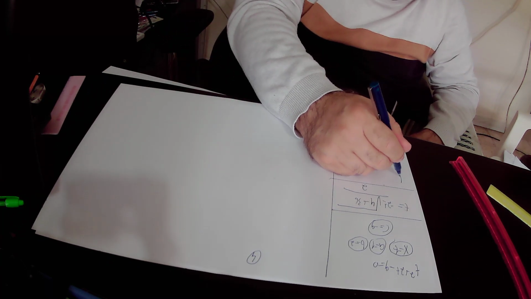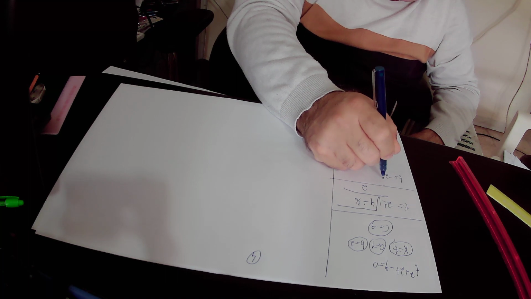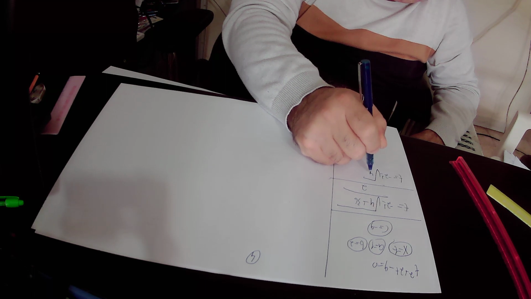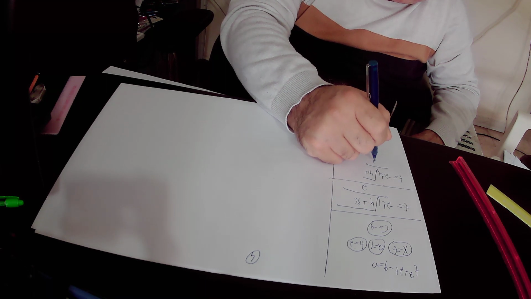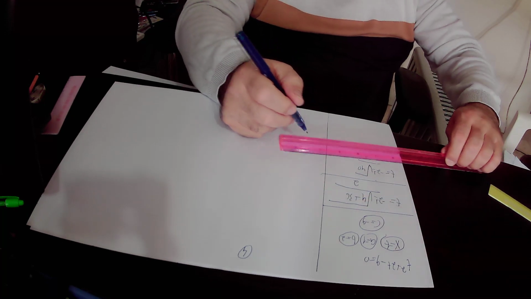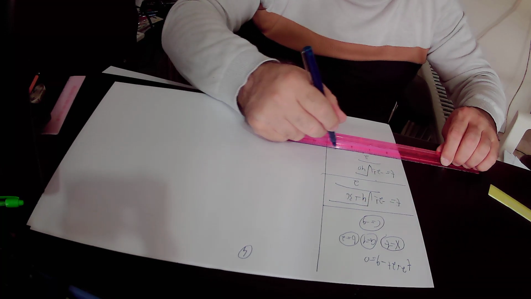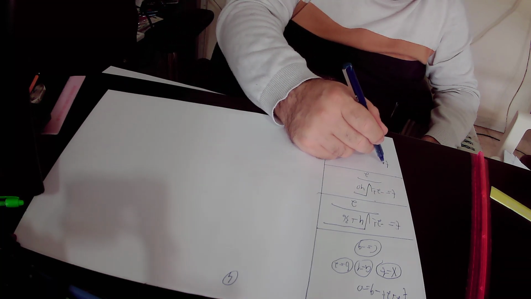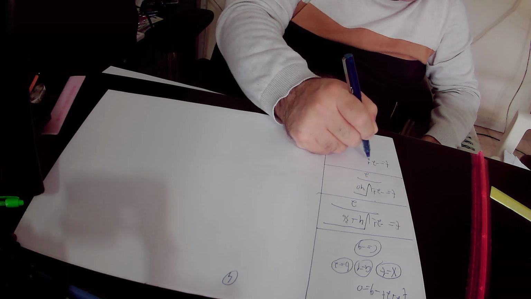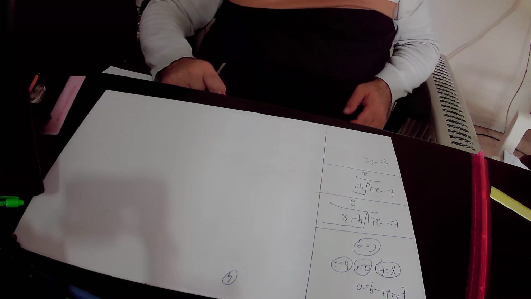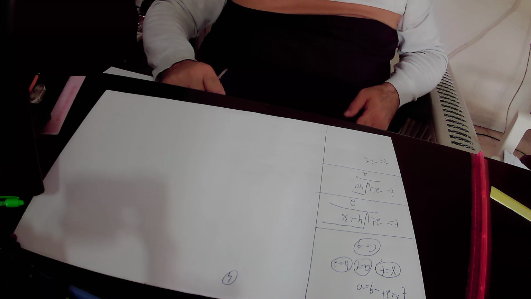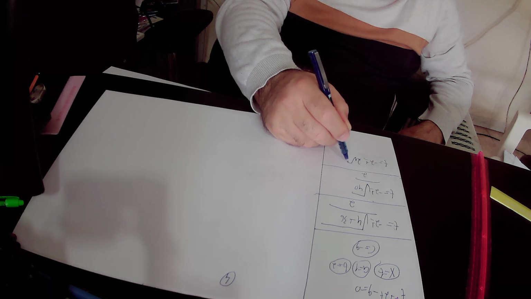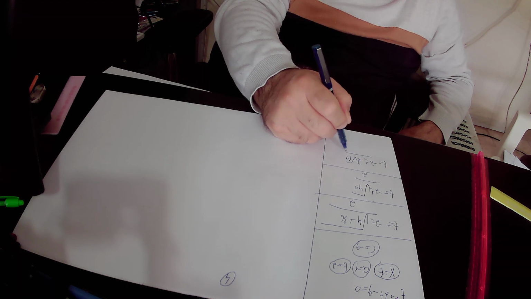So t equals minus 2 plus minus the square root of 4 plus 36, which is 40, divided by 2. So t equals minus 2 plus minus square root of 40, and 40 is 4 times 10, and the square root of 4 is 2, so in conclusion we will get here 2 times square root of 10, divided by 2.